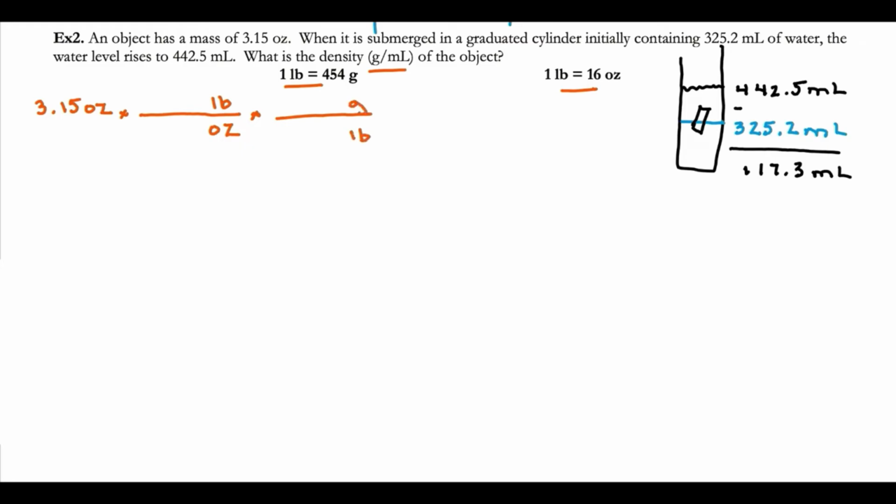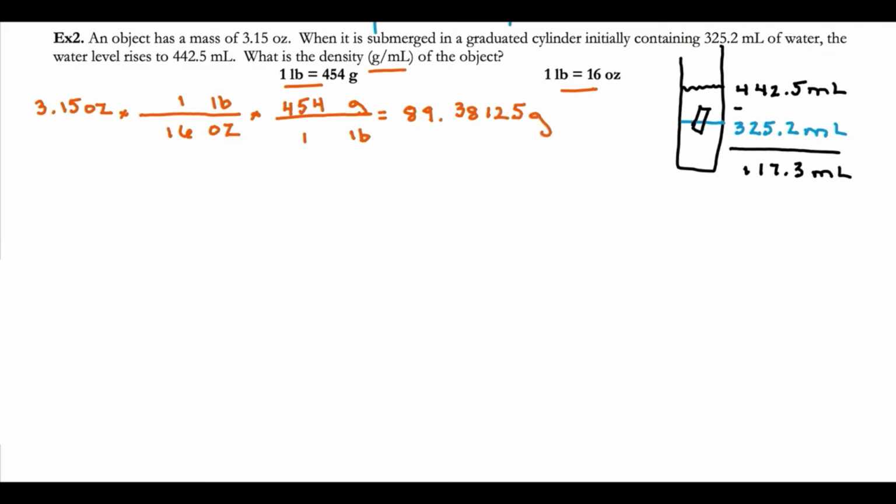So 1 pound has 16 ounces, 1 pound has 454 grams. So I'm going to take 3.15, divide by 16, and then multiply by 454. And what I end up getting is 89.38125.